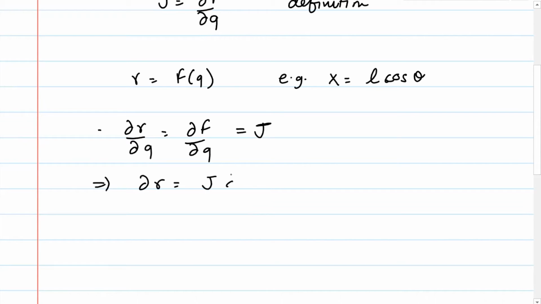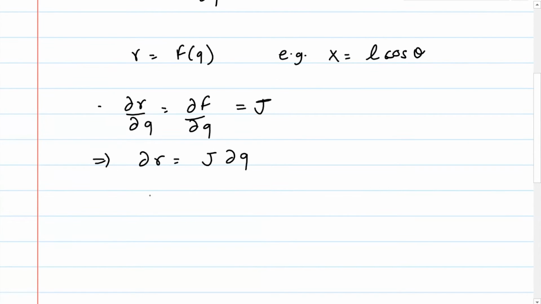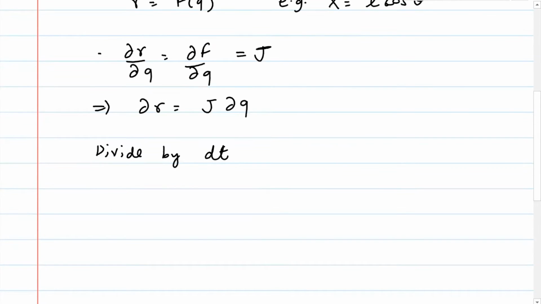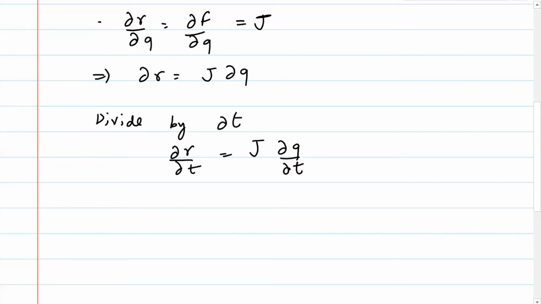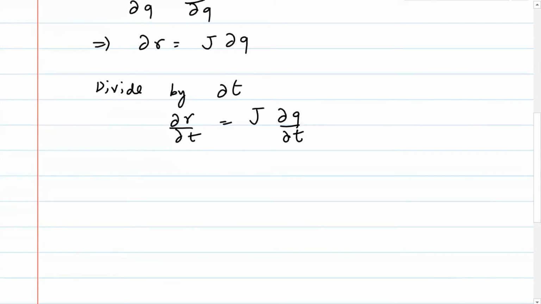So we can write this as dr equals J dq. We can divide by dt and sort of replace the partial with the complete derivative. Then we get dr dt. Okay, and since basically r is only a function of q, time does not explicitly show up here, so you can actually replace the partial with the complete derivative.